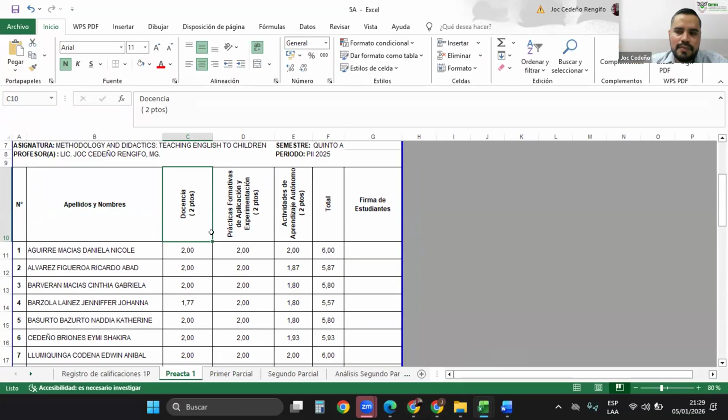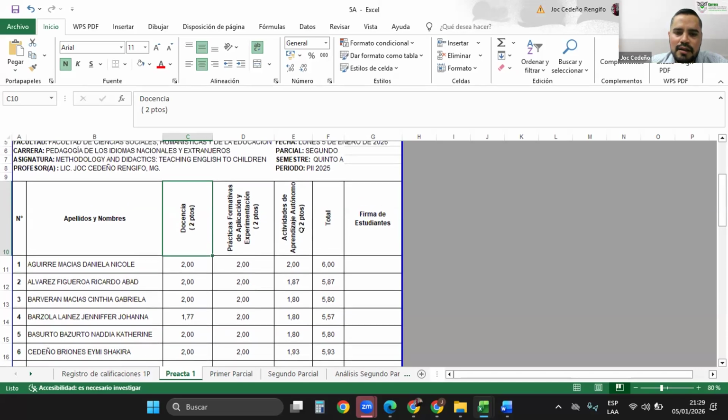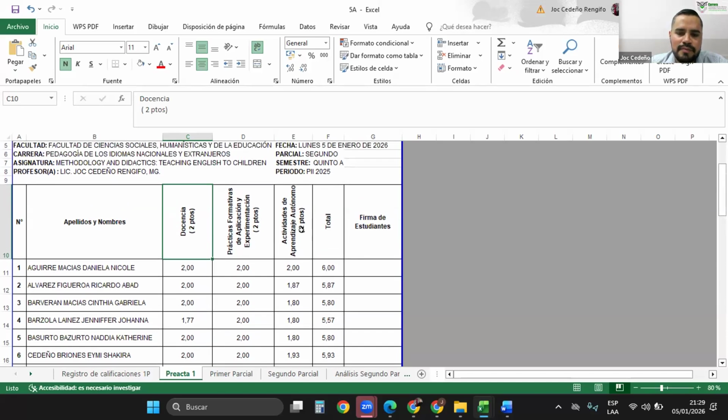Well, we usually split the assignments into two parts. One of them is teaching, and the other part is learning autonomous work. But they are the same. They're basically what we do in classes or what we do for asynchronous activities. They are all mixed.